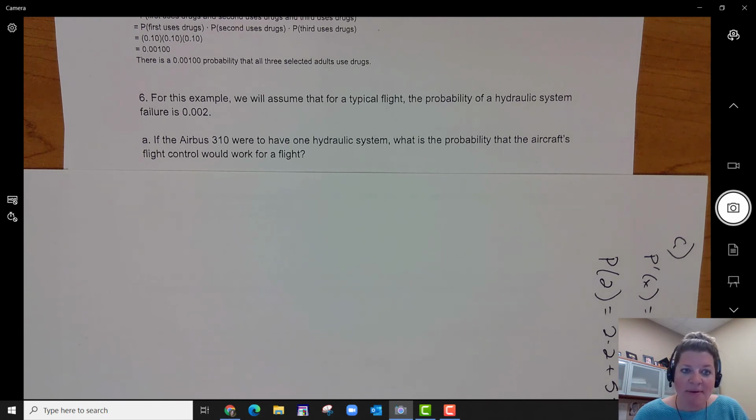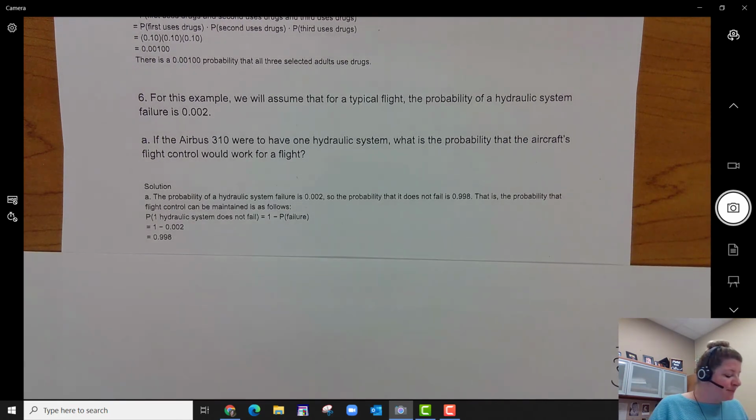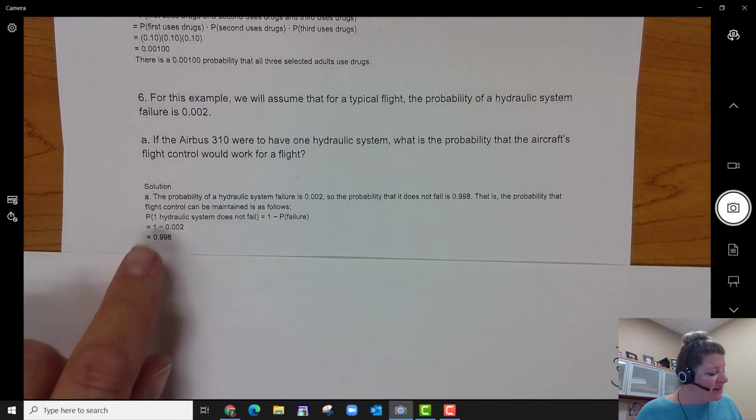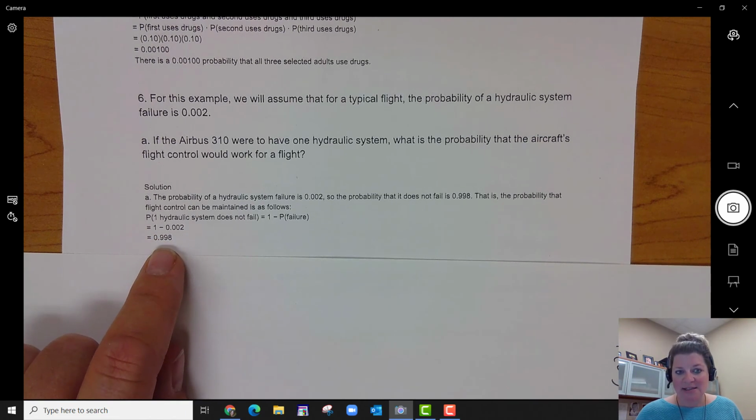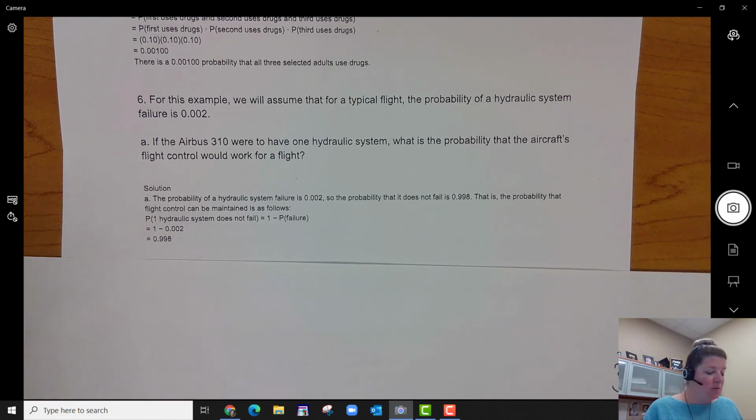So what is the probability that it works if the probability that it doesn't work is 0.002? Well, we can just use our rules of complement events and subtract it from 1 to get 0.998. Okay, so we're using complementary events in that one.